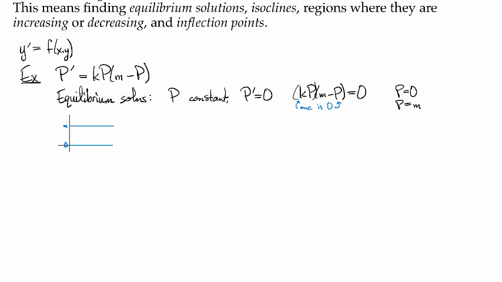Suppose we look at the region between these two lines, where P is between 0 and m. Then we also have the region up above, where P is greater than m, and the region down below, where P is less than 0.